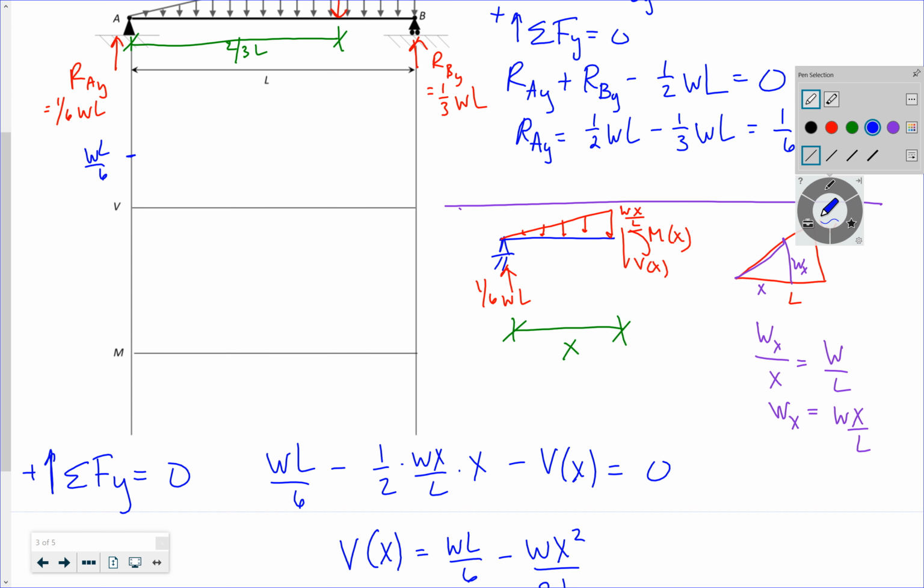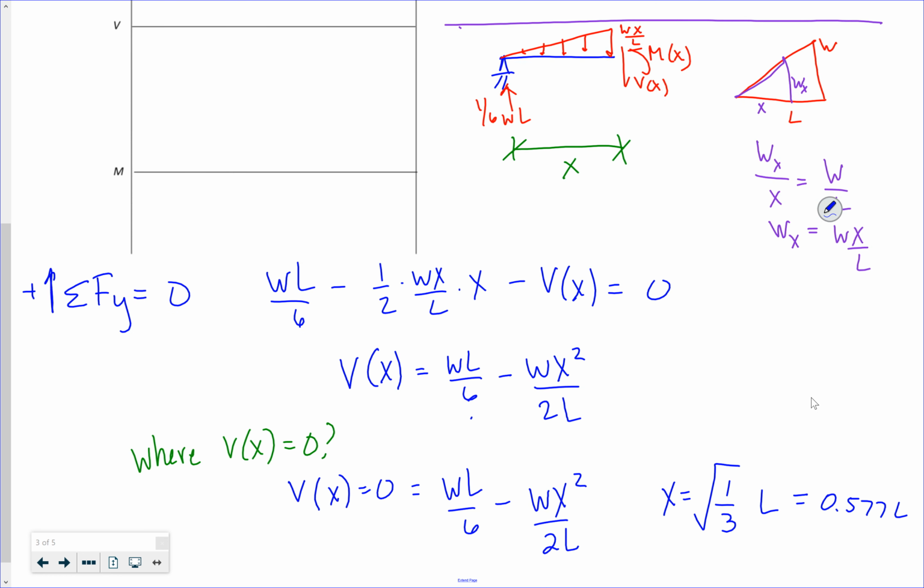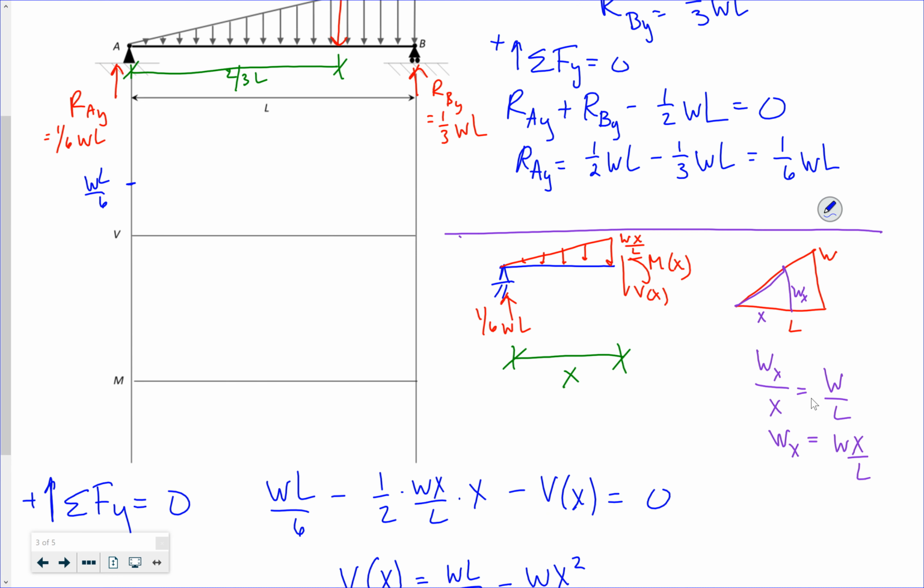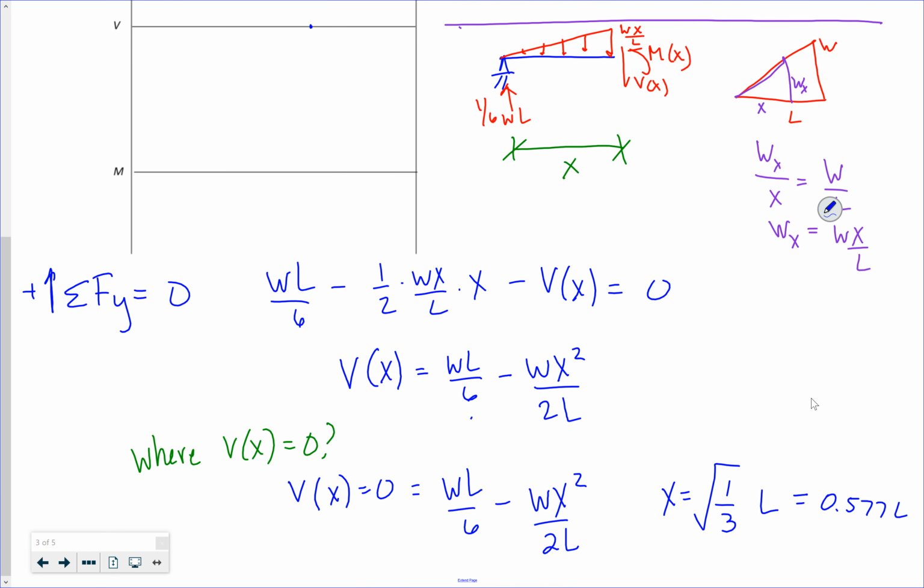I know it's going to be 0 at 0.577 L, so somewhere about here maybe? I don't know, here. If you graph it out on your calculator, which is really what I did, I forget the shape of things.